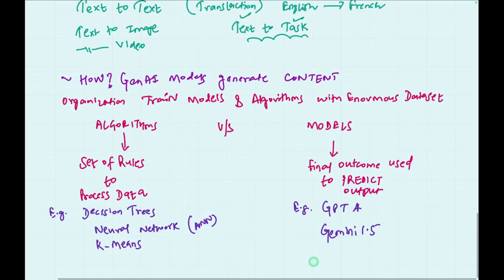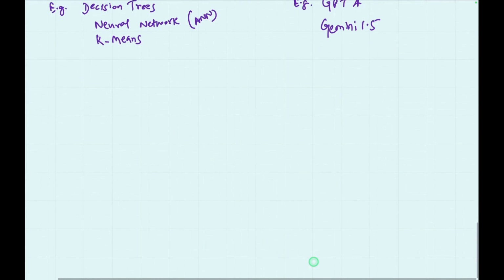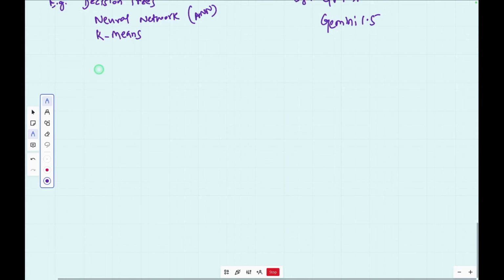Now, typically, when we talk about algorithms, let's talk more about algorithms. Basically, these are of two types. One is we can train, and second is organizations can train.